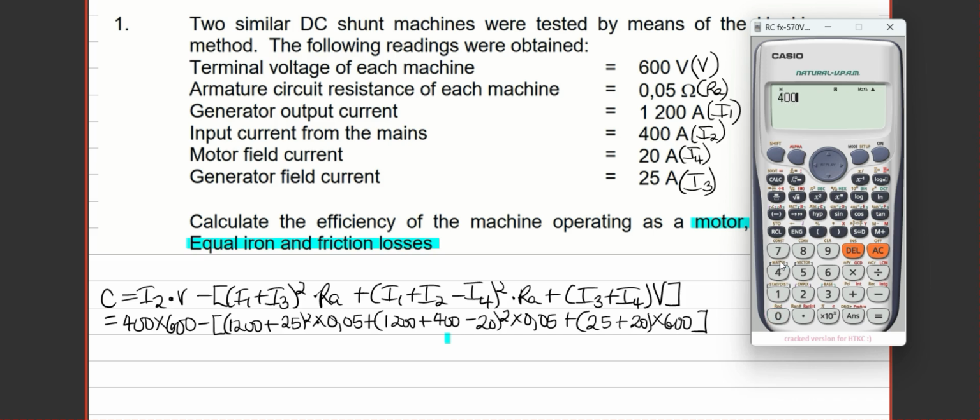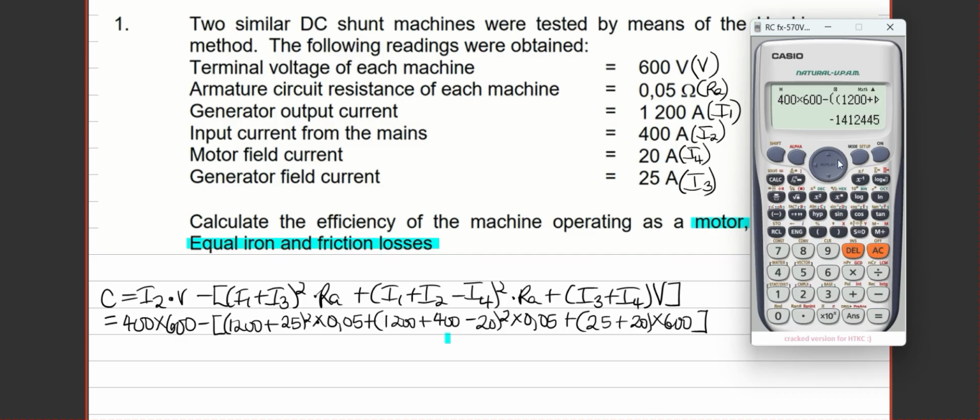So we have 400 times 600 minus open bracket 1200 plus 25 close bracket squared plus open bracket 1200 plus 400 minus 20 close bracket squared times 0,05 plus 25 plus 20 times 600 close bracket. Hopefully I didn't do a mistake.